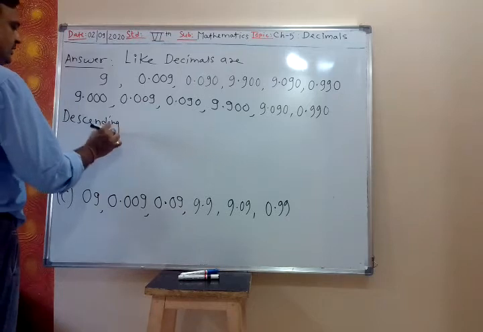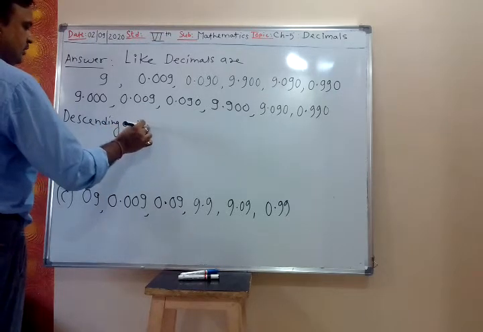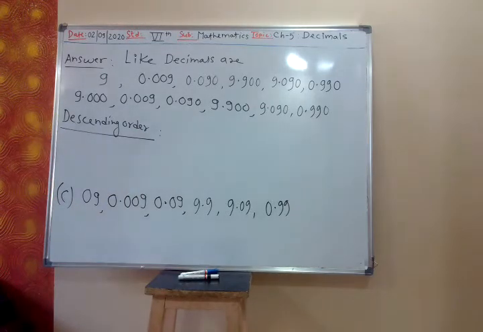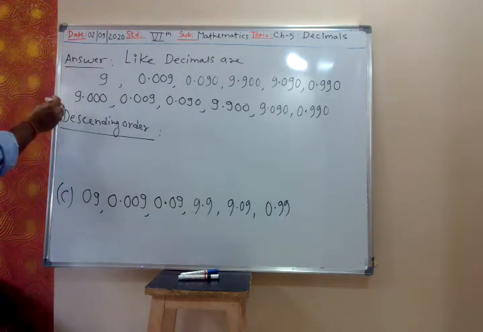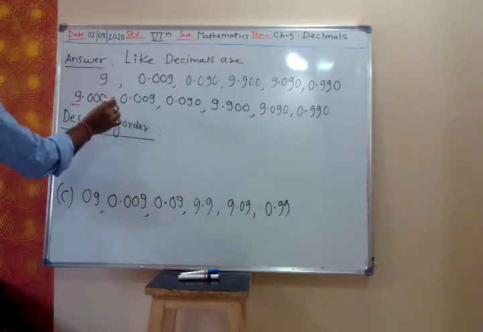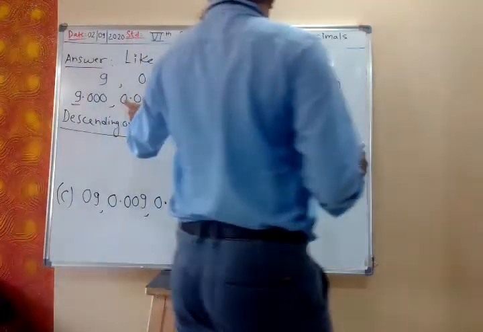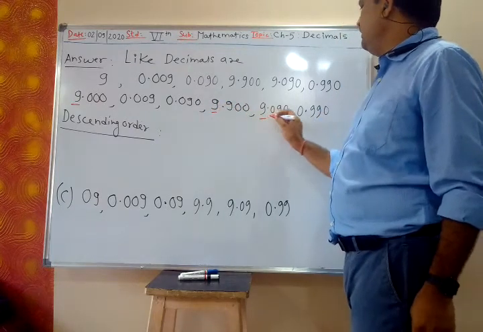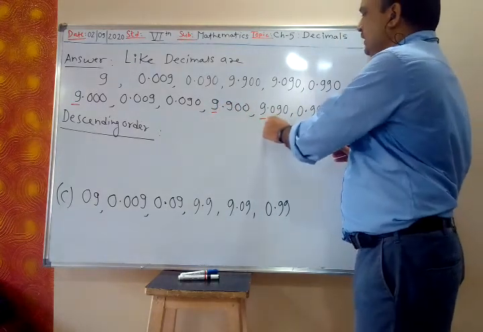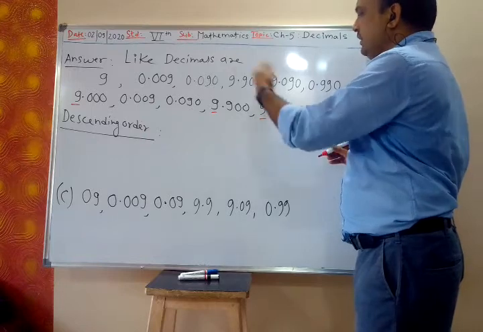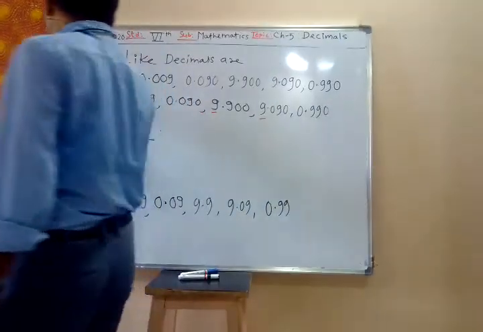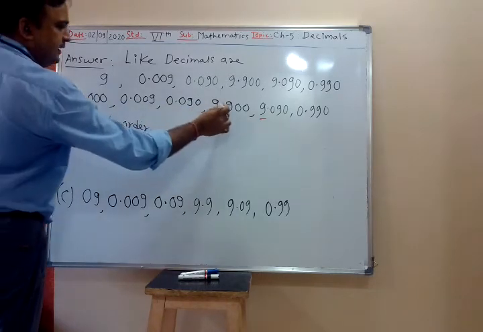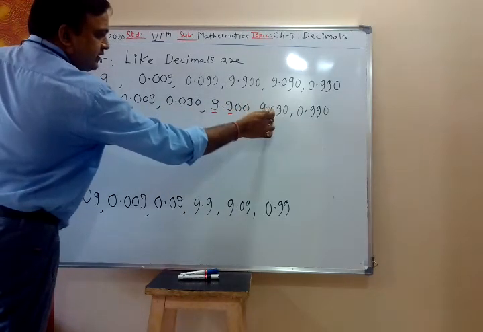Let us write the descending order. 09 is same as 9. This you remember. Now we compare the digit from left. It is 9, 9, 0, 0, then 9, then 9, then 0. So 9 is bigger. Now we compare after decimal: it is 0, 9, 0.